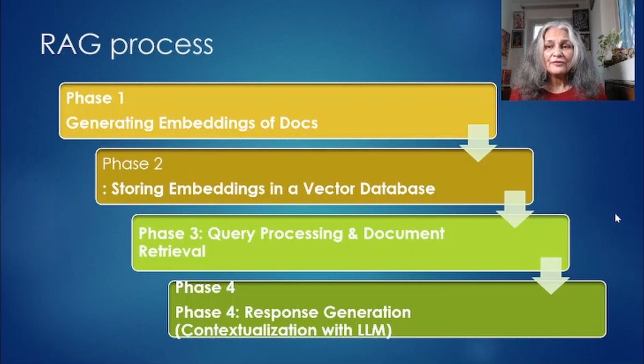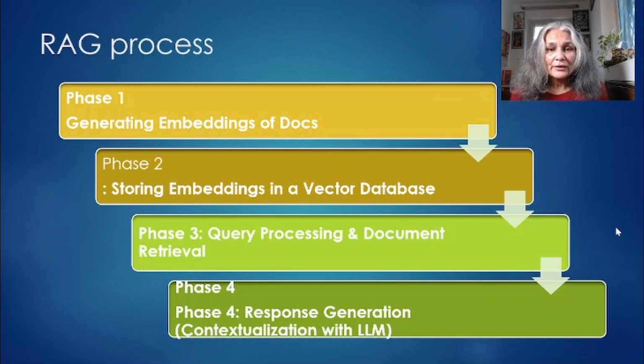The third phase is basically going to be query processing and document retrieval. This is carried out by converting your query to an embedding, a word vector, and then carrying out a similarity search with various documents which are in the vector database.